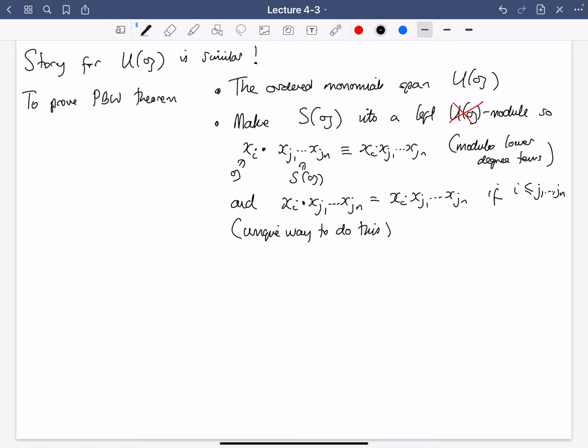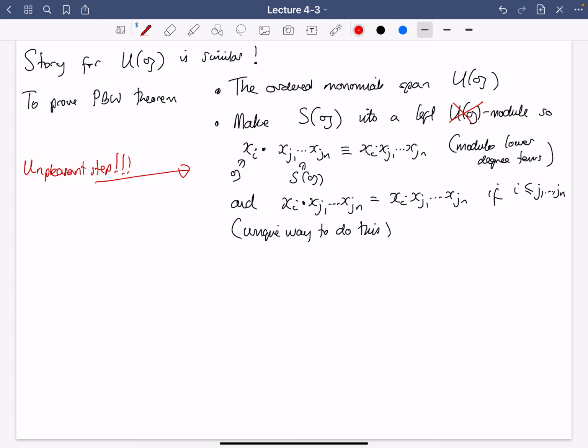Just following those two properties, there's actually a unique way to do it, given that you want the axiom of a module over a Lie algebra to be satisfied, right? So the commutator has to act as the commutator, if you like to say it that way. This is the unpleasant step in the argument, and the one I'm going to totally skip.